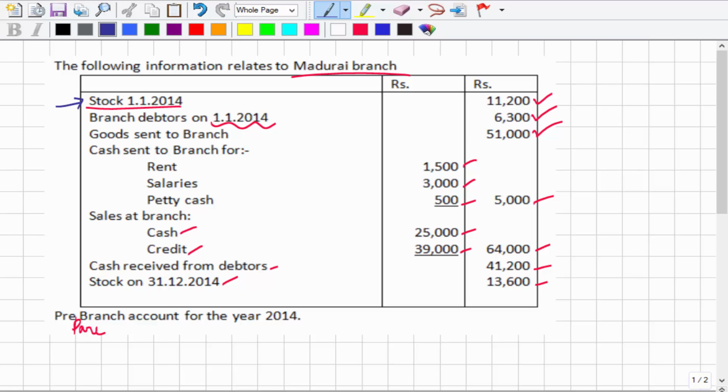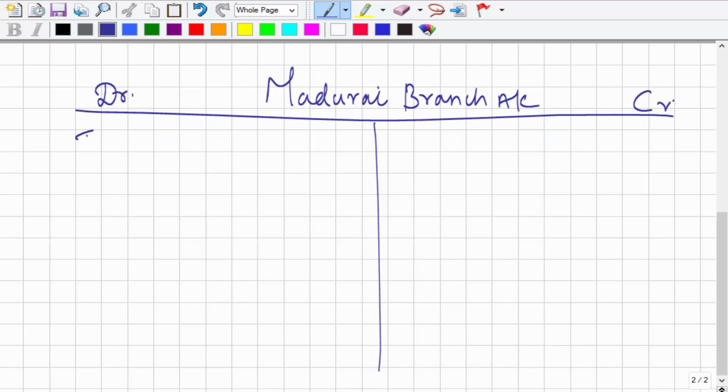One is with respect to stock, the other one is debtors. So let's write to balance brought down, and this is on 1st January 2014. To balance brought down, one is with respect to stock and the other one is with respect to debtors.